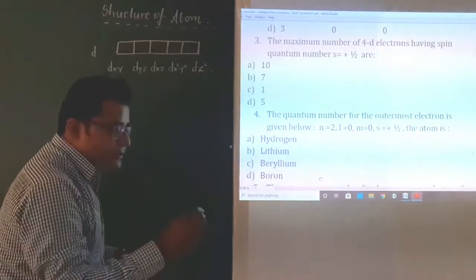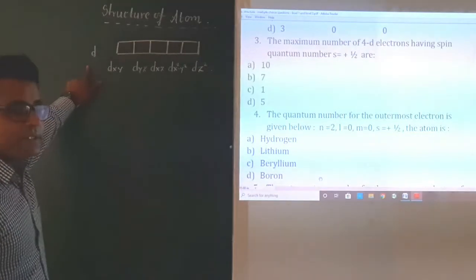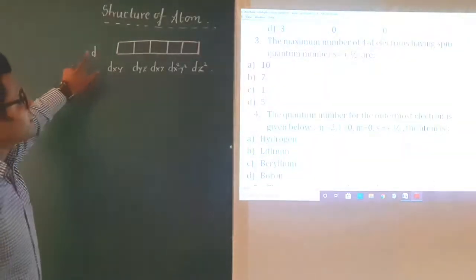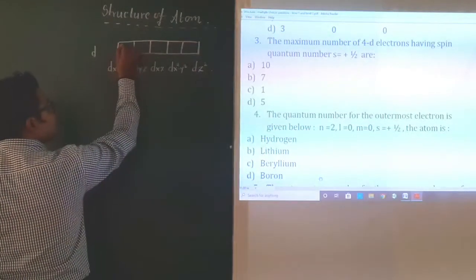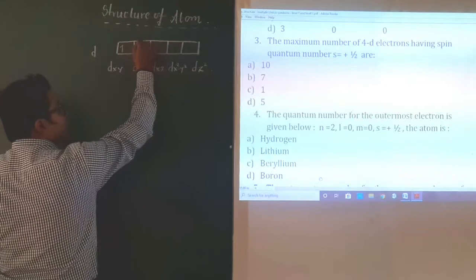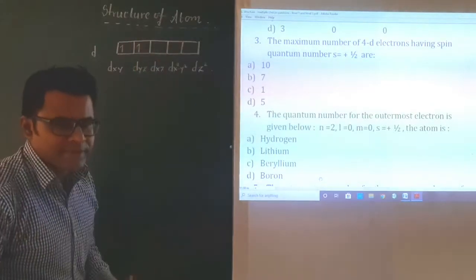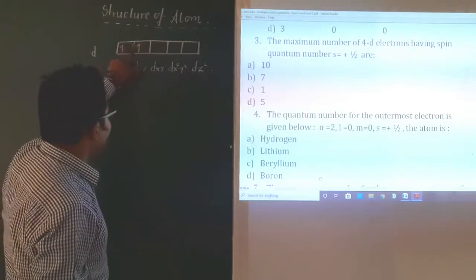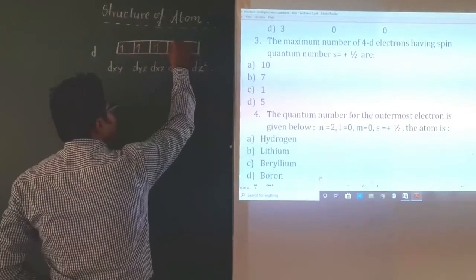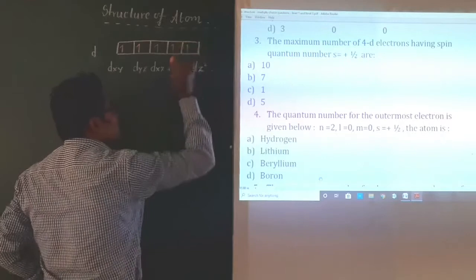As electrons enter the d orbitals, it occurs according to Hund's rule. According to Hund's rule, once an electron comes here, the next electron goes to the next orbital having the same spin: plus half, plus half, plus half, plus half and plus half.